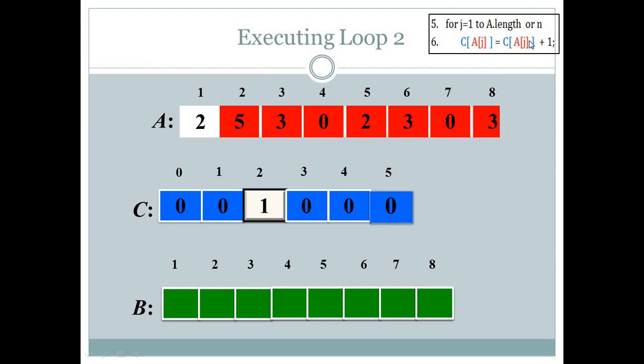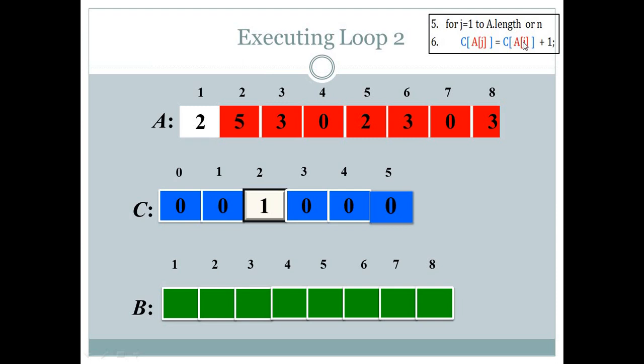First of all we have to find A[j], and after that, that value becomes the index of C. So A[j] in array A, for j on the first index, what is this value? 2. So the value of A[j] is 2. Next we will have to find C[2].